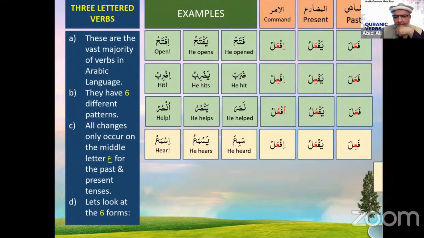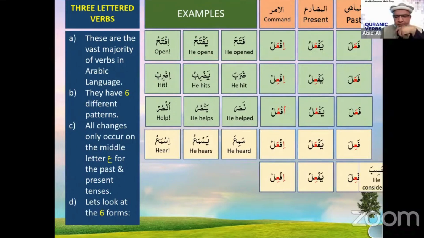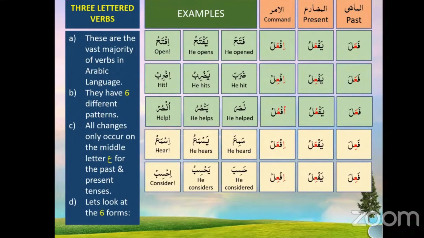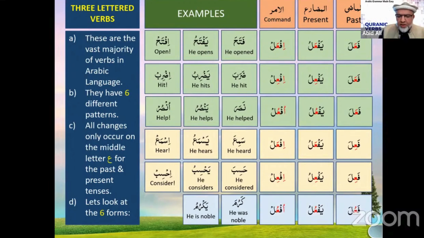Got it? Fa'ila, Yaf'ilu, If'il, Hasiba, Yahsibu, Ihsib. Yeah, consider. And then we are going to do Karuma. Fa'ula, Yaf'ulu, Uf'ul, Karuma, Yakrumu, Ukrum.